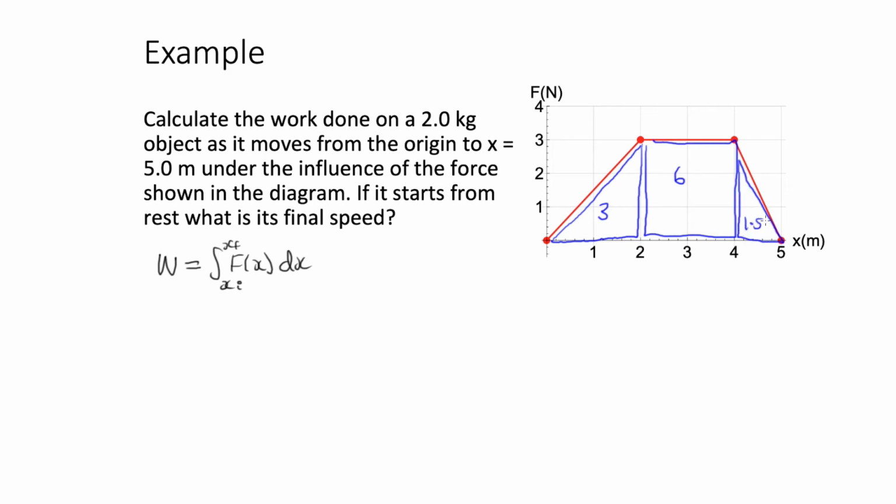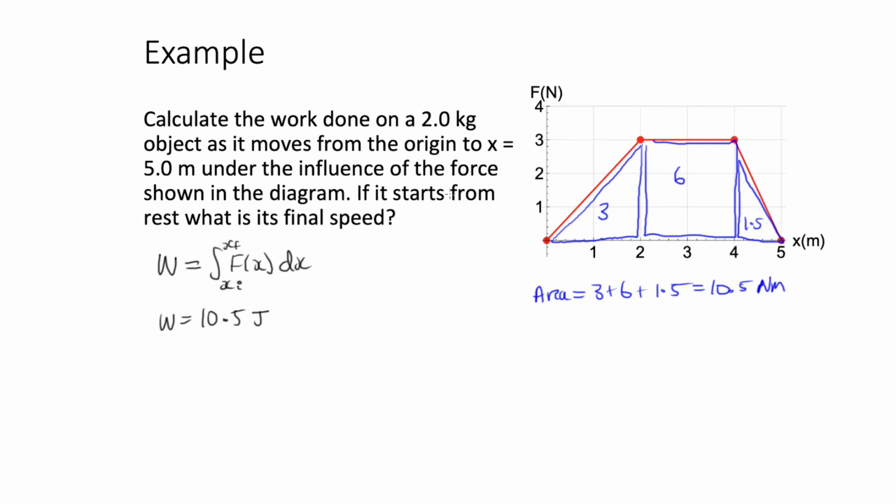So this is 1.5. So the area is equal to 3 plus 6 plus 1.5, which is equal to 10.5 Newton meters. So the work done is equal to 10.5 joules, or Newton meters if we want, but joules is equivalent to Newton meters.